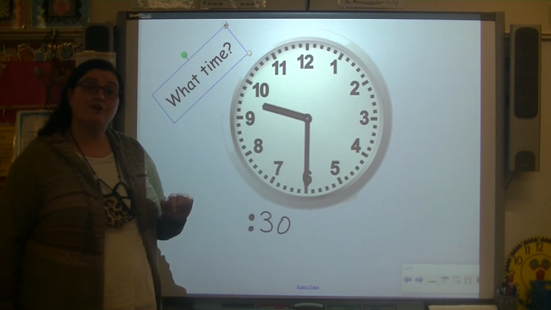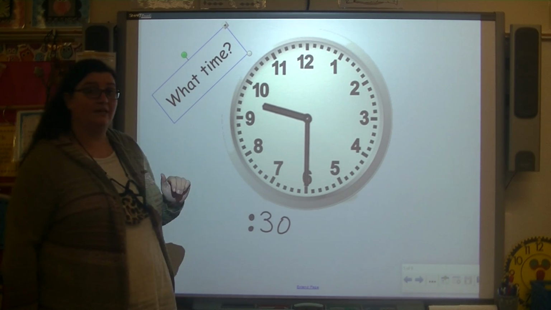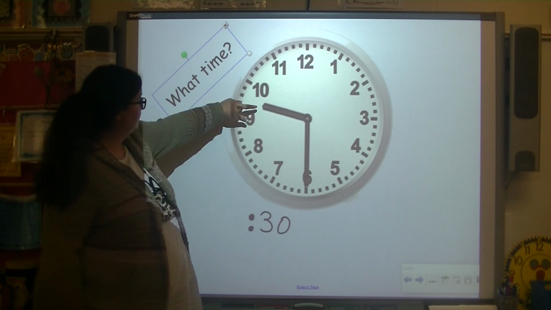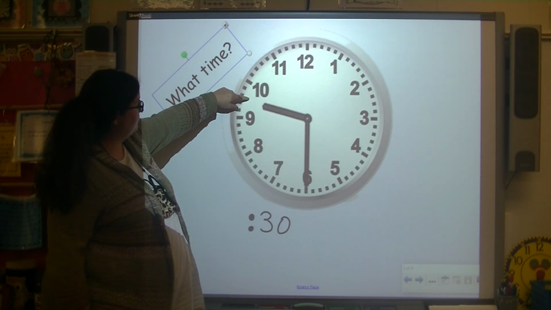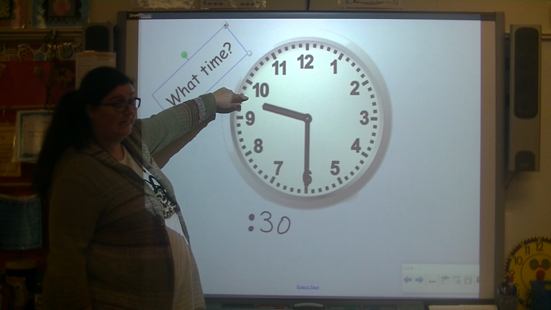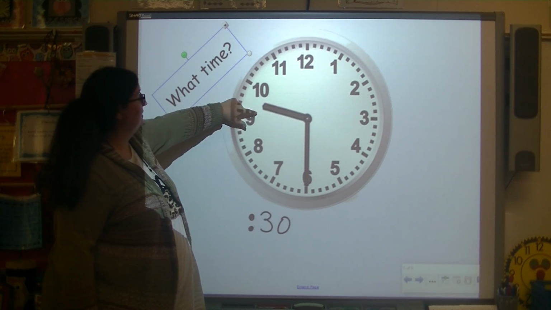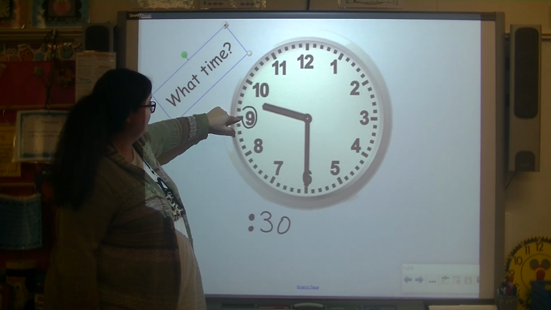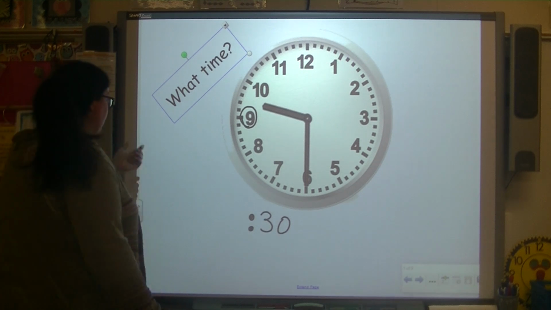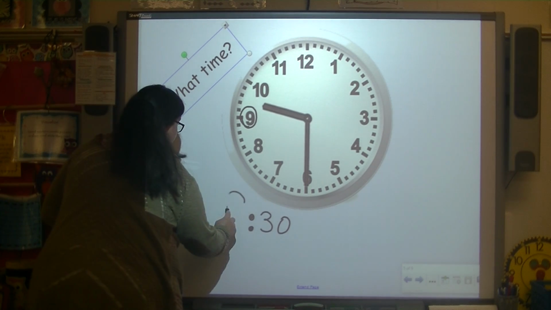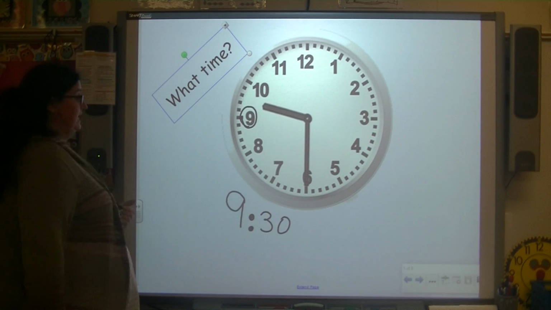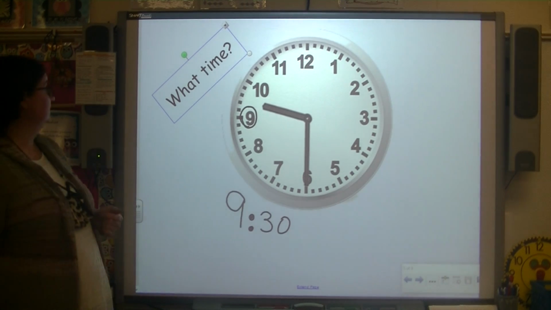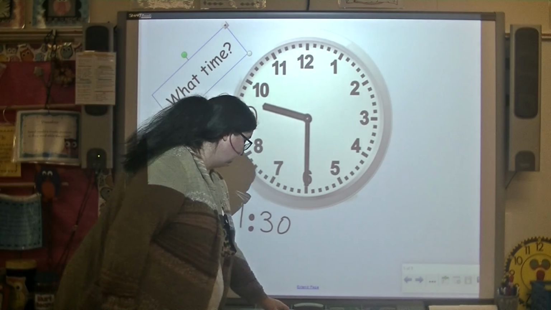So is it 9:30 or 10:30? It's halfway past which one? Gotta back it up. Halfway past the 9. 9:30. Remember, you always back it up, just to the smaller number. 9:30.